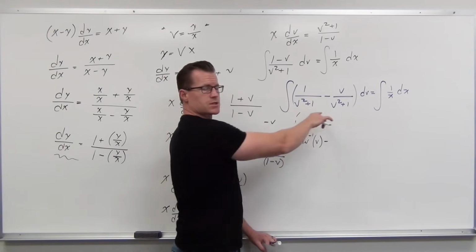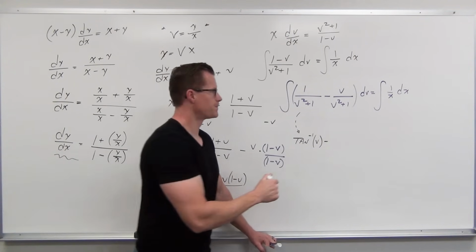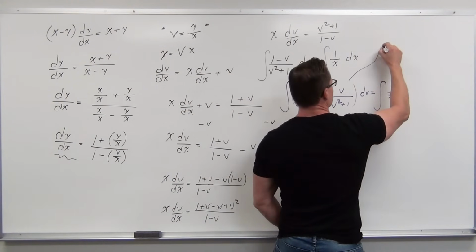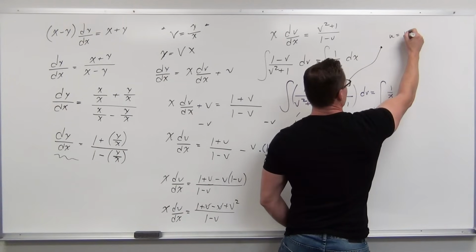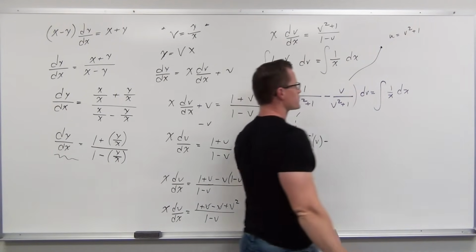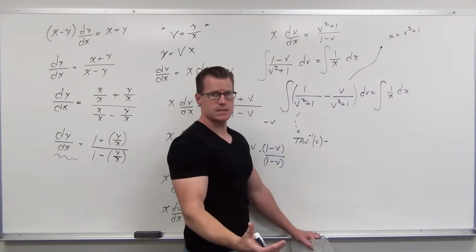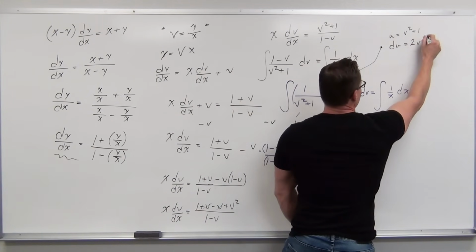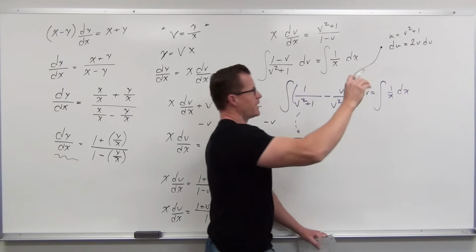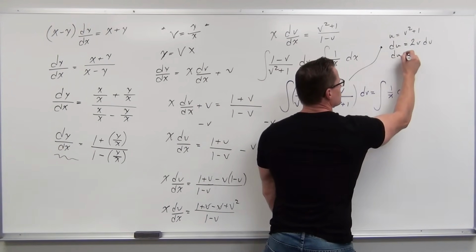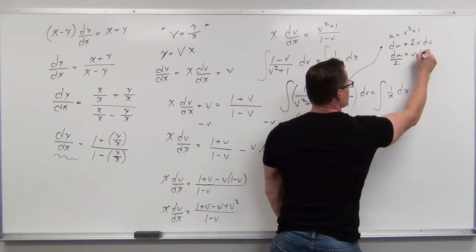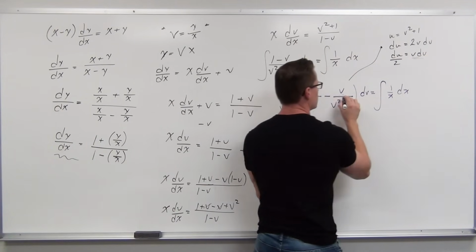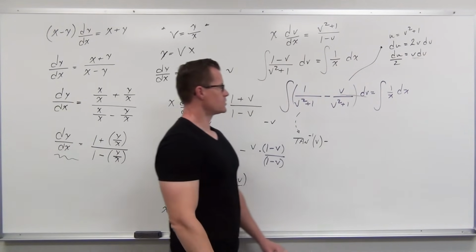Then we do have a substitution. We know that that's going to be u equals v squared plus 1. All right, du equals 2v dv. If we divide by 2, got a nice substitution on that fraction.